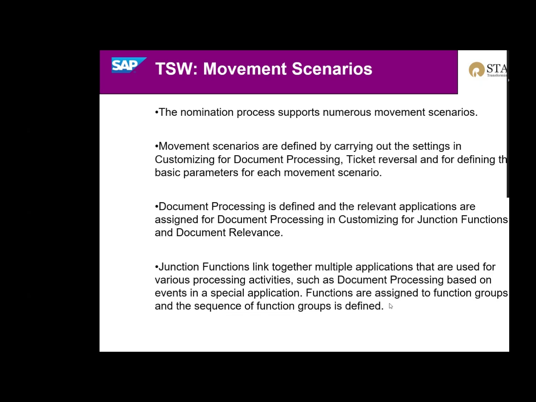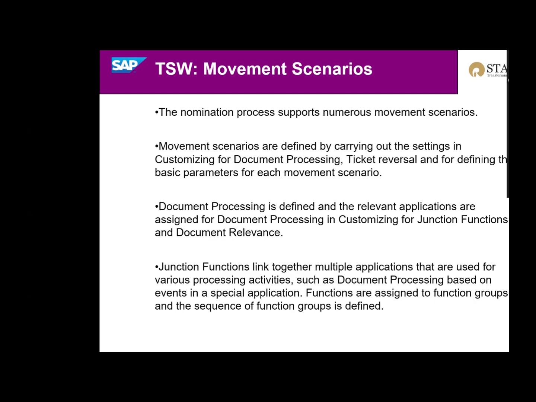See, in one actualization, we require many documents to be processed, like sales order, delivery, goods issue. So all these functions are clubbed together and arranged in a sequence. You cannot do goods issue first.